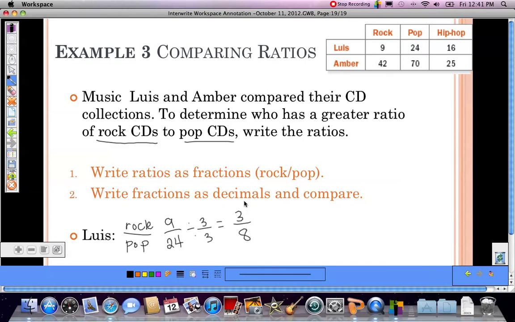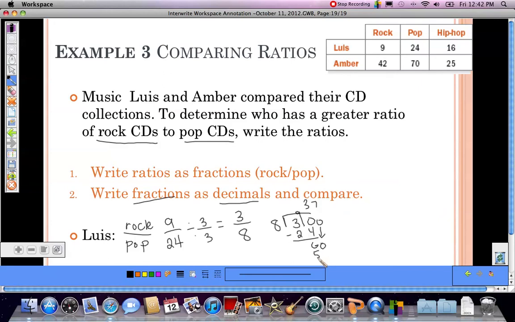And then, since we are comparing, we're going to write these fractions as decimals in order to compare. And we've learned in prior units to convert a fraction to a decimal, you simply divide. This is 3 divided by 8. When you divide this out, 8 goes into 30 3 times, then 8 goes into 60 7 times.